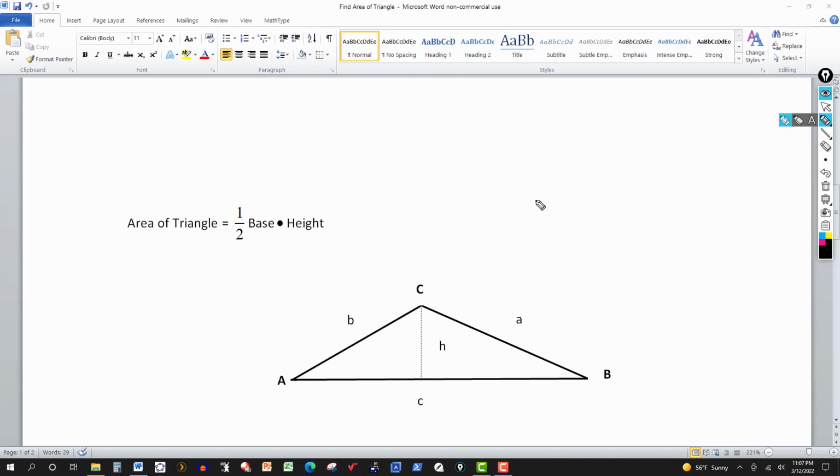And say, again, like we did, we can say that the sine of A is equal to the opposite side, which in this case, the way I have it drawn, is the altitude or the height over b.